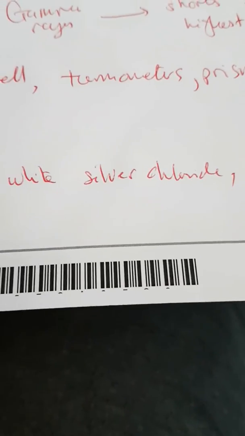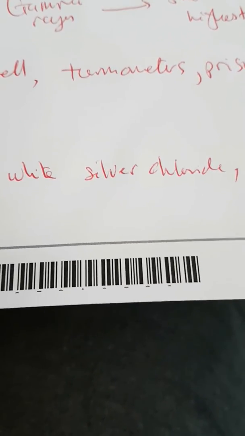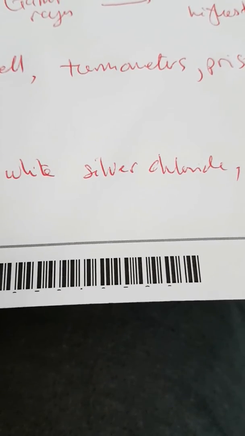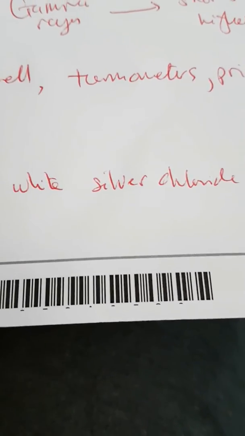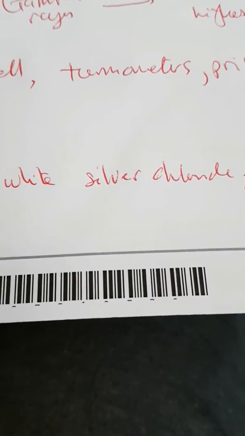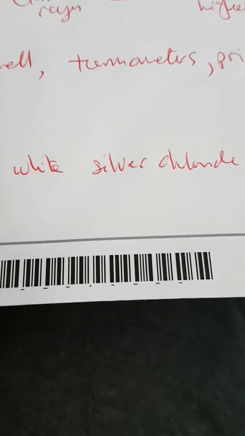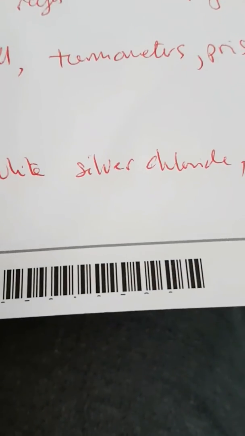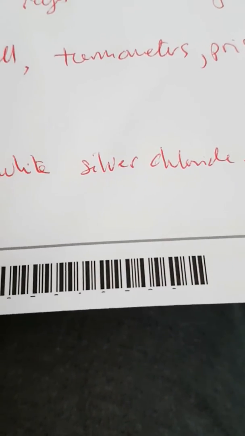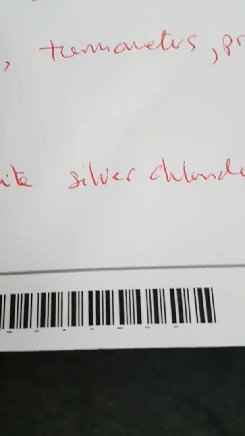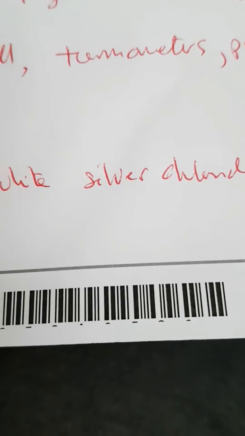The next one is ultraviolet. This was done by Ritter, and he used white silver chloride powder. When you put white silver chloride into light, it turns black. He did the same thing: he split white light into the colors of the rainbow, started from red and went all the way down to violet, and he found that as it went from red to violet, the silver chloride turned black quicker.